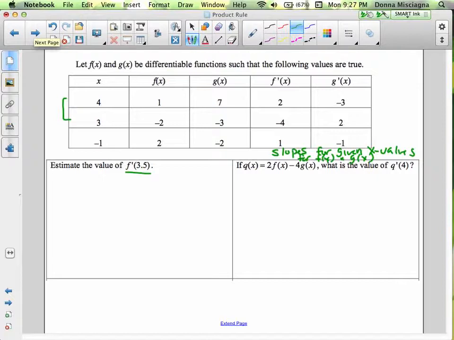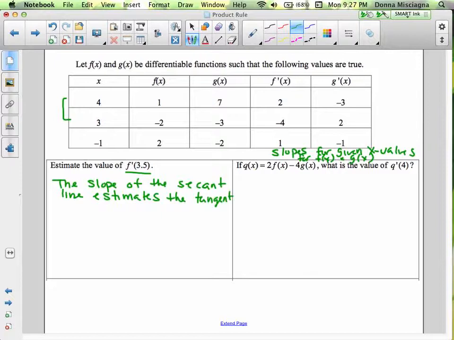The secant line, right? So the slope of the secant line estimates the tangent line, or you can think of it as average rate of change estimates instantaneous rate of change, right?